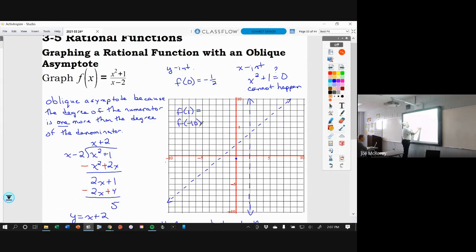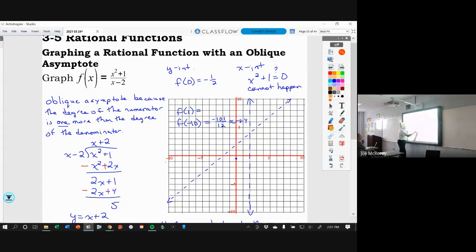If I can get f of positive 1, which is over here, and f of negative 10, which is over here, it'll give me an idea of what's going on. f of negative 10 is negative 101 over 12, which is about negative 8.4.